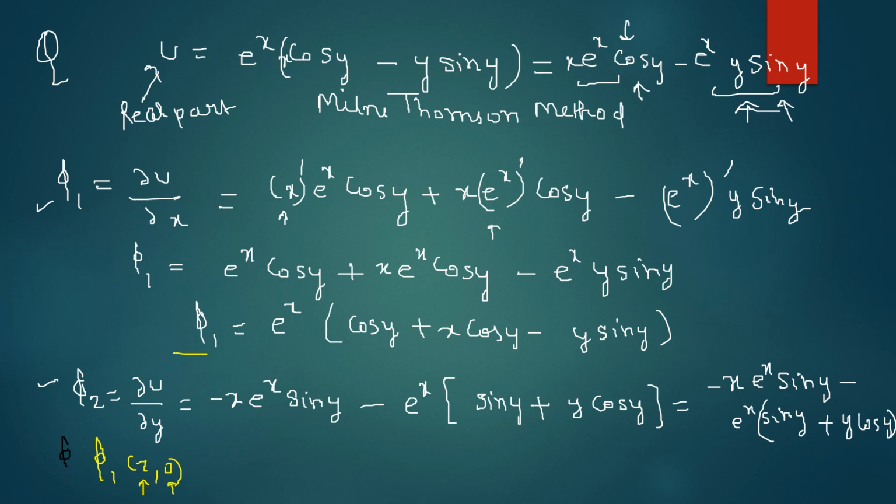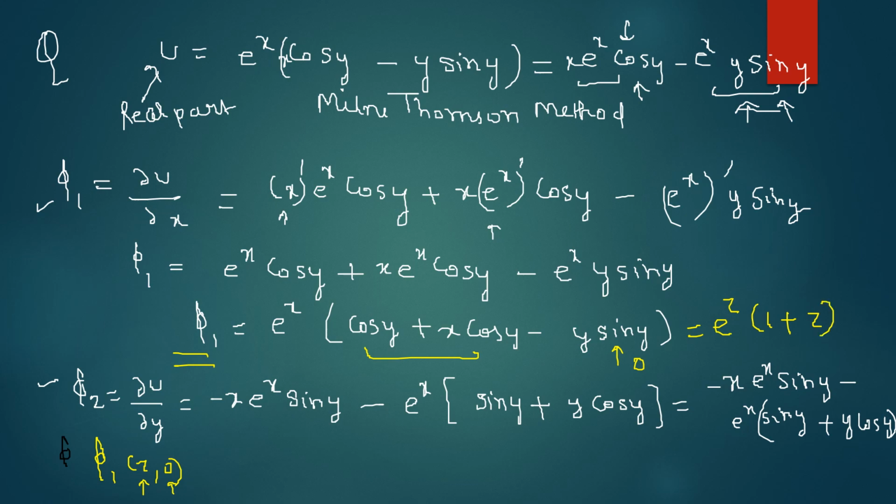So in place of phi 1, if I put y as 0, this will be 0 then. Only these two things will be left. Okay, put x as z and y as 0. Cos y is, cos 0 is 1 plus x cos 0 is, x is z, cos 0 is 1. This will be left, yes or no?